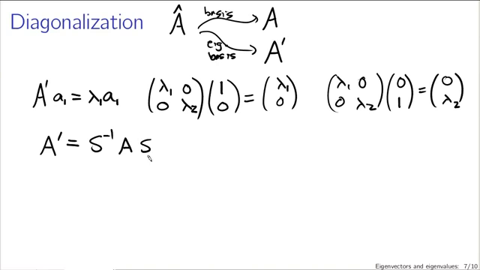So if I have a transformation that goes from my eigenvector basis to the basis of A, I can actually just straight write down that transformation, that matrix. And what it looks like is your first eigenvector as a row, and then your second eigenvector as a row.